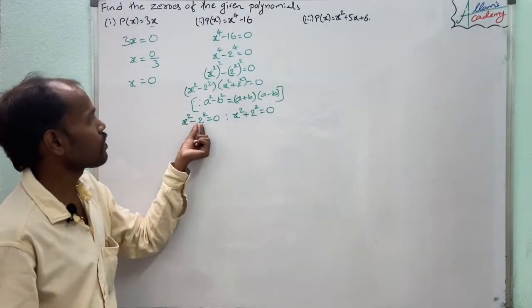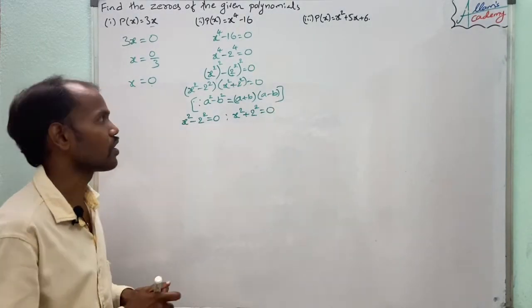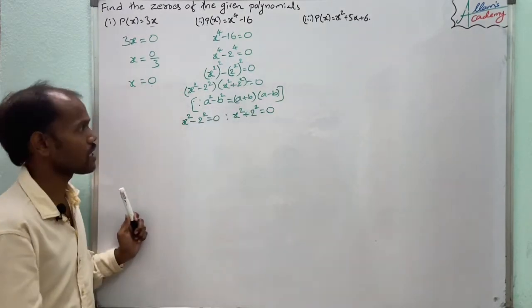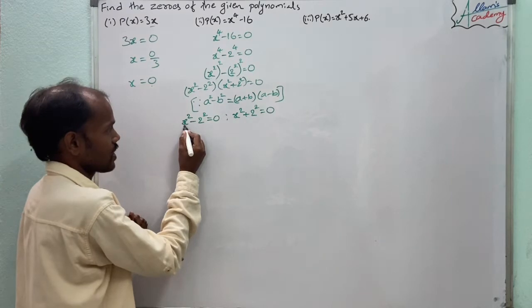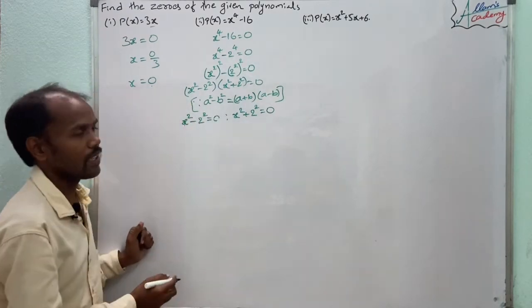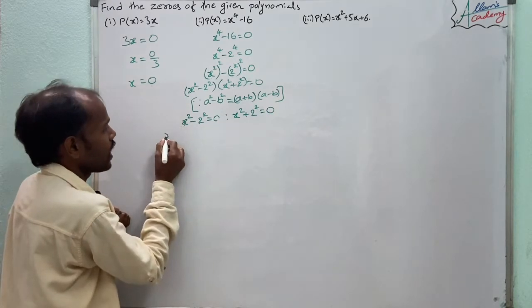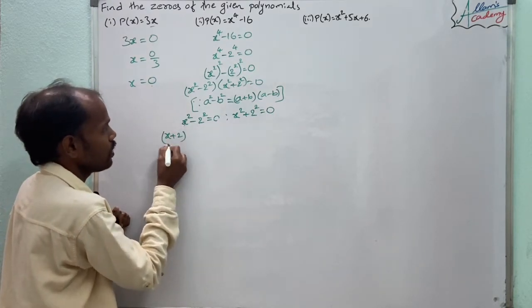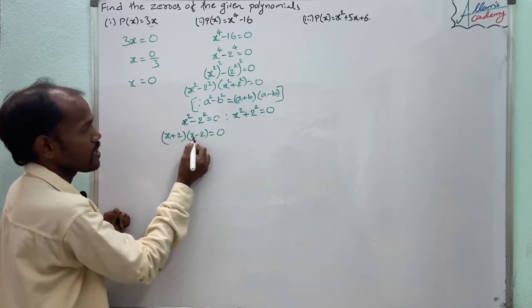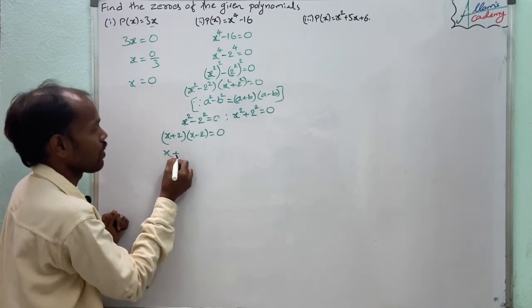If x square minus 2 square equals 0, as we already said, it is in the form of a square minus b square. So here x is a, 2 is b. Now we can write x plus 2 into x minus 2 equals 0.